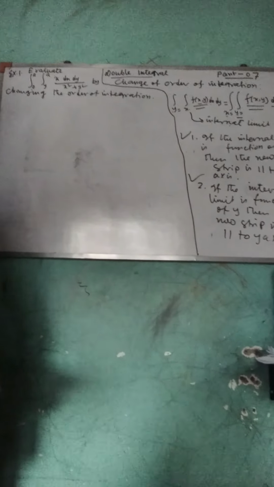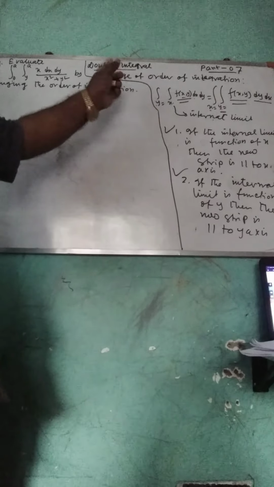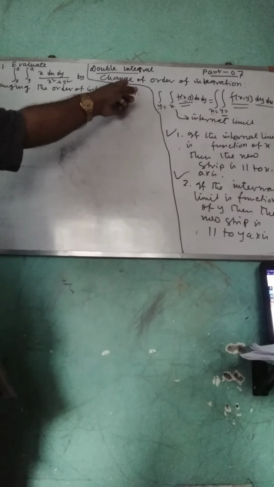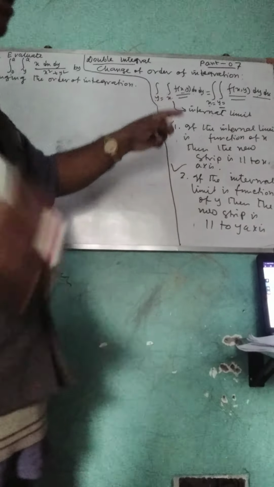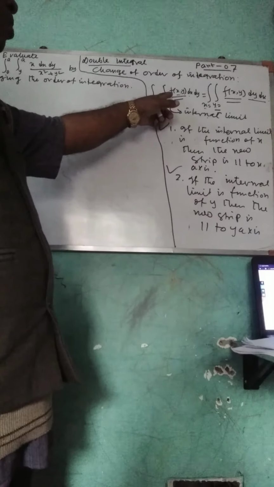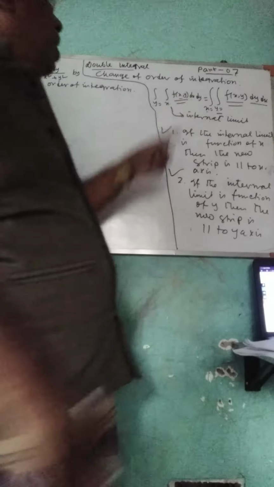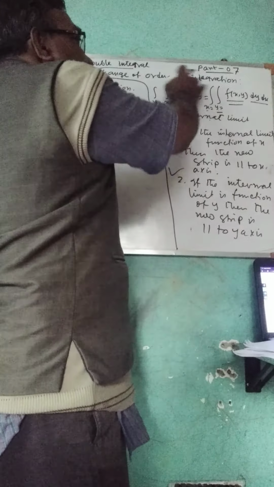Now what is actually change of order of integration? I already discussed it in my previous lecture, part 6, so once again I am just touching on this part. Change of order of integration means you have to change the limit. For example, suppose f(x,y) dx dy, then f(x,y) will not change, it will remain the same.